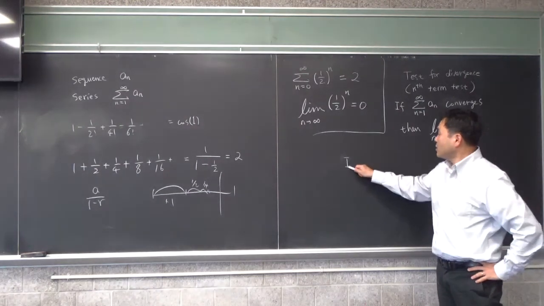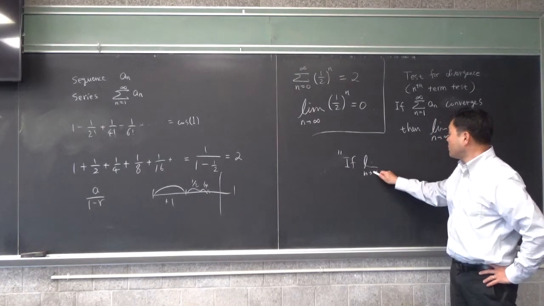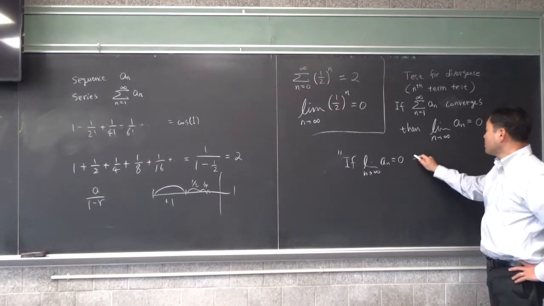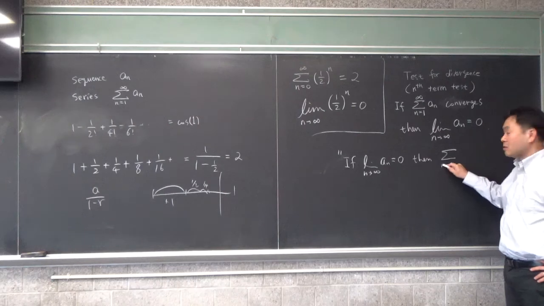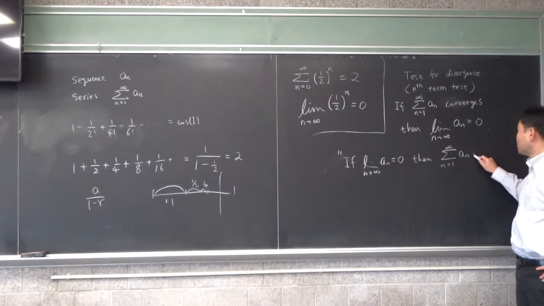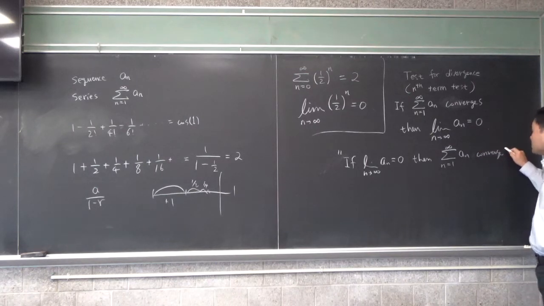If the limit as n goes to infinity of a_n is 0, then the summation would converge, right? I put this in quotes because that's not actually true.